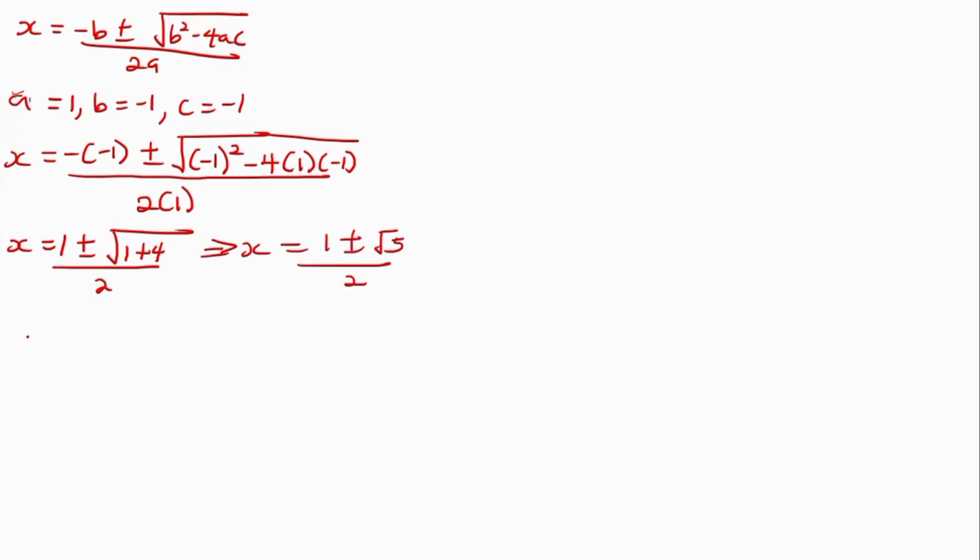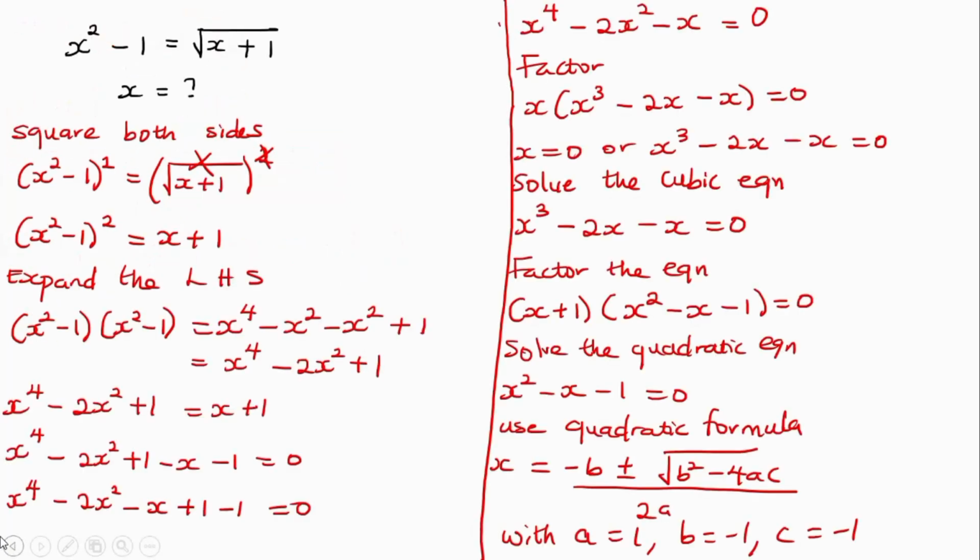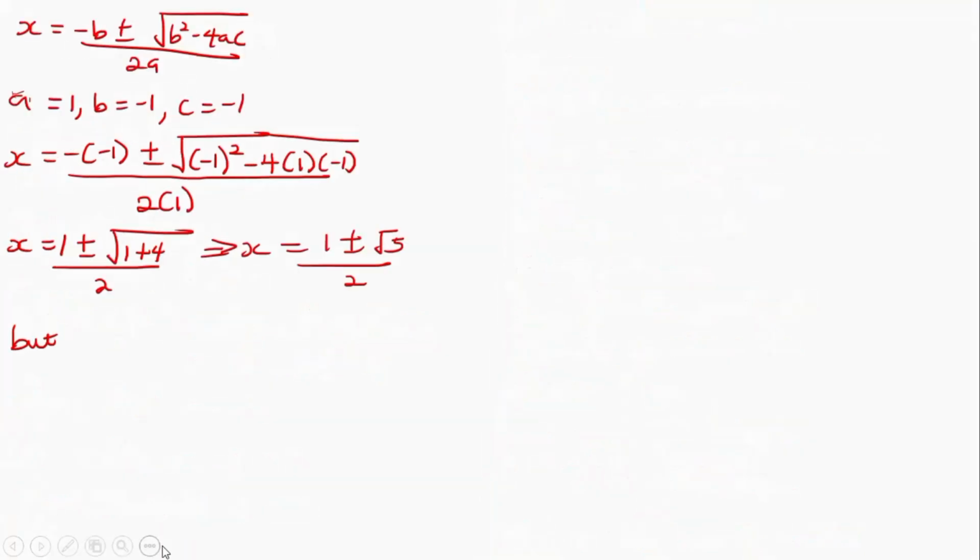But remember, in the previous solving, we have that x plus 1 is equal to 0, right? So we are going to work with that. So x plus 1 is equal to 0, and this implies that x is equal to 0 minus 1, which is equal to minus 1.